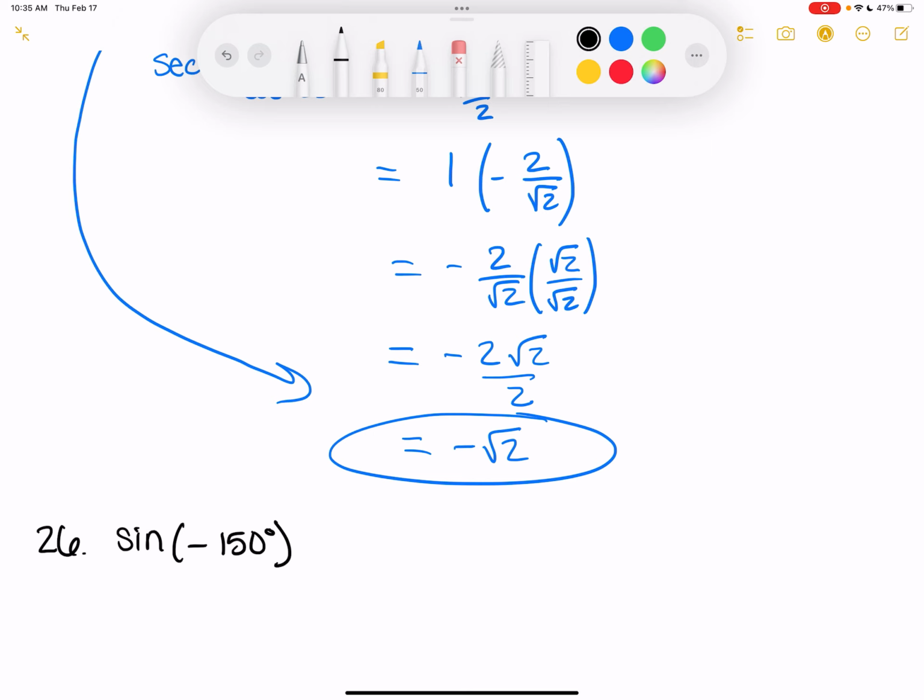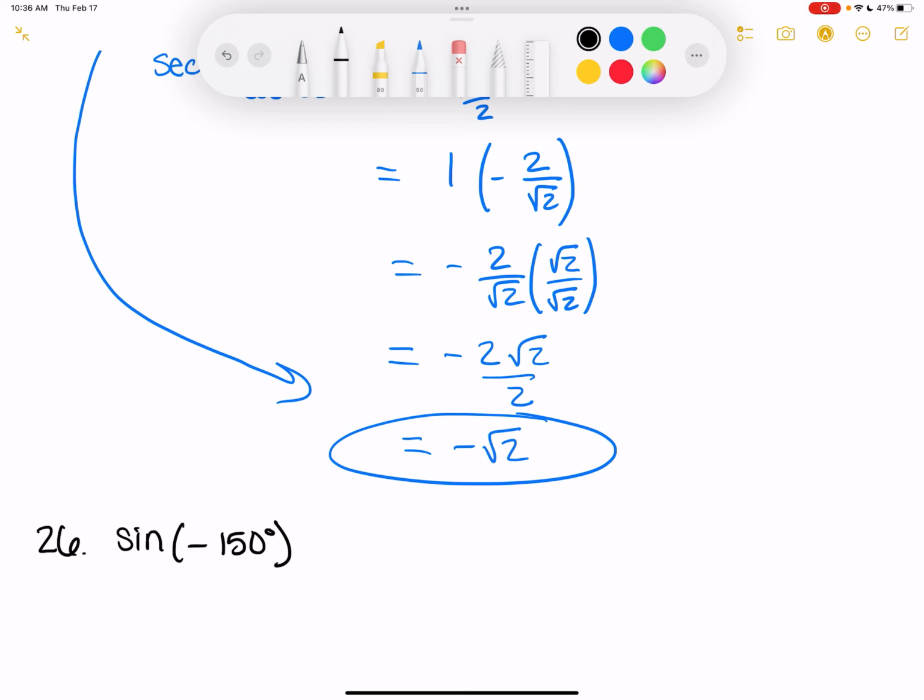Okay, so minus 90. Okay, minus 120. Okay, notice these match up here. So minus 135, minus 150. Okay, it's partners right there. So minus 150 is here at 210 degrees.